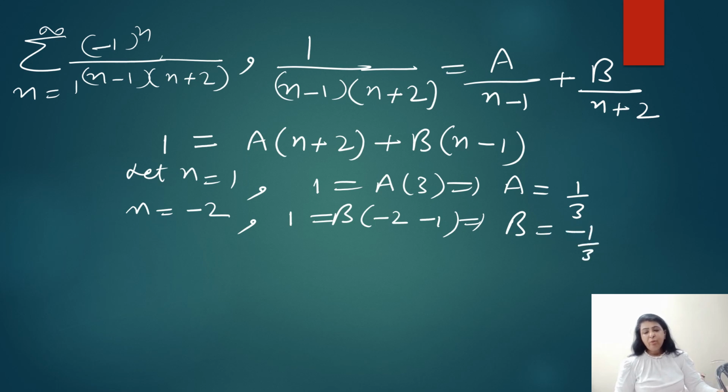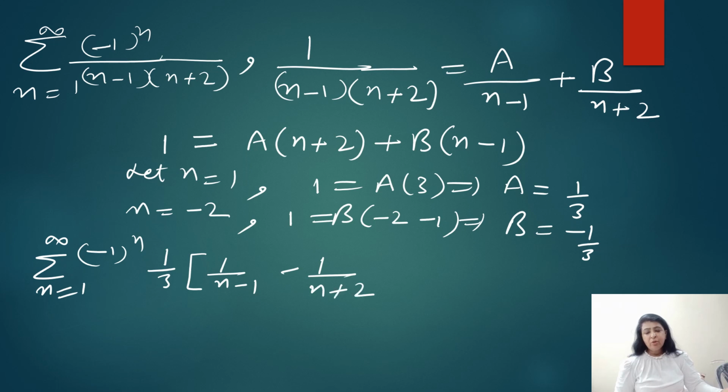Now substituting both values of a and b, what we are getting is sigma n varies from 1 to infinity, minus 1 raised to power n, 1 by 3 into (1 by (n minus 1) minus 1 by (n plus 2)). Now we will expand it.